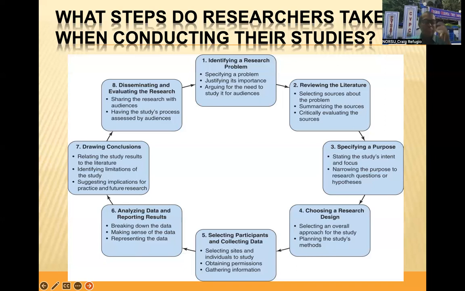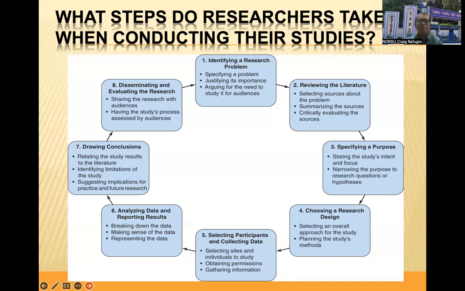Then you are going to look at suggestions that would have implications for practice and for future research. So in there, we also look at the recommendation side of the entire research process.